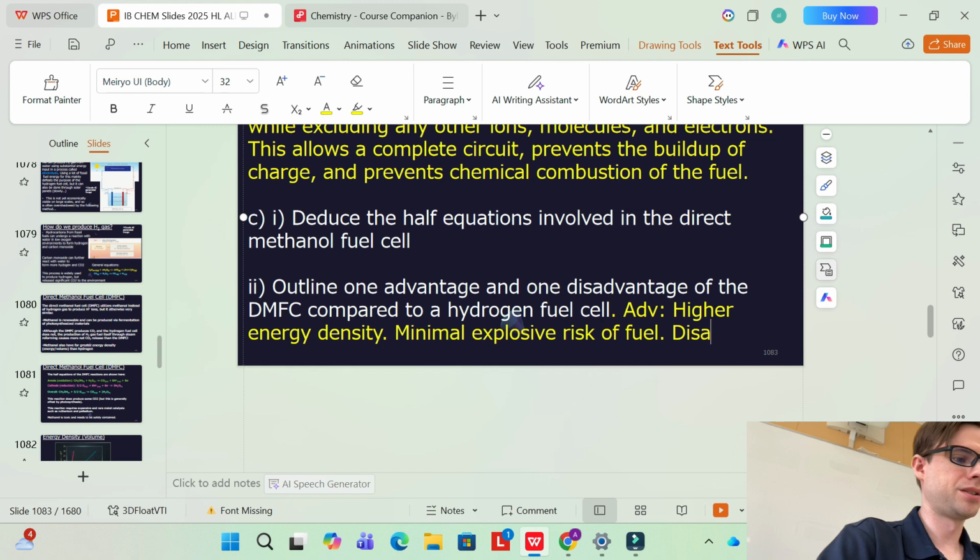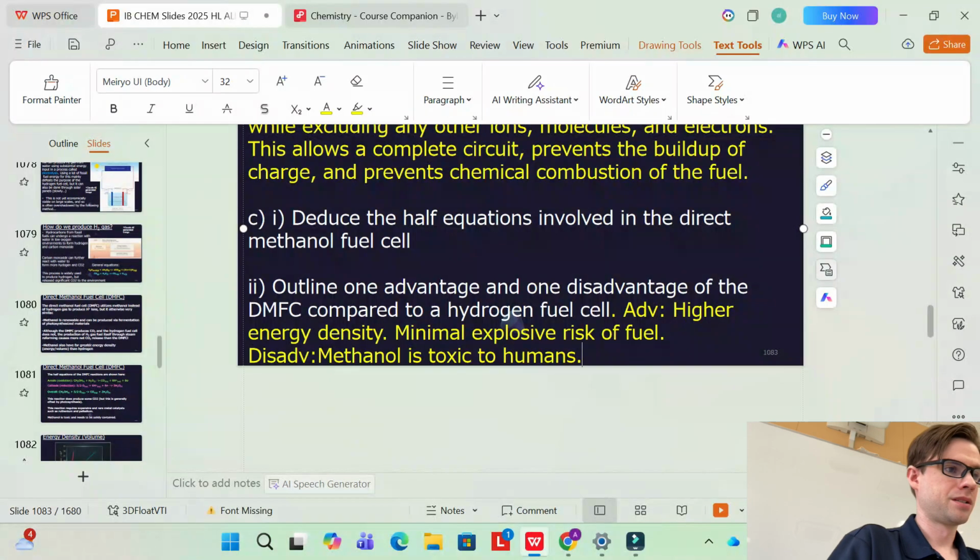For disadvantage, what can we say? So methanol is toxic to humans, causing organ failure and blindness and sickness, many things. What else? Lower energy output per mole.